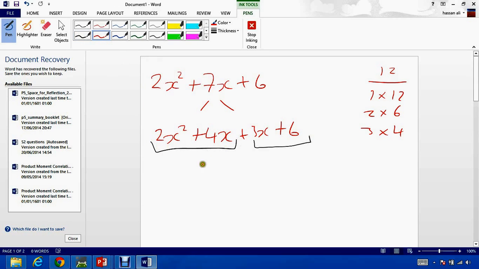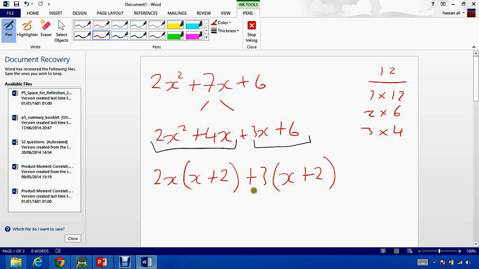So between 2x squared and 4x, you know that 2x will be common, because 2 is a factor of 2 and 4. They both have x. What do I multiply by 2x to get 2x squared is just x. To get 4x, I have to times it by 2. Again over here, what's common? Positive 3. 3 times x will give me 3x. 3 times 2 will give me 6.